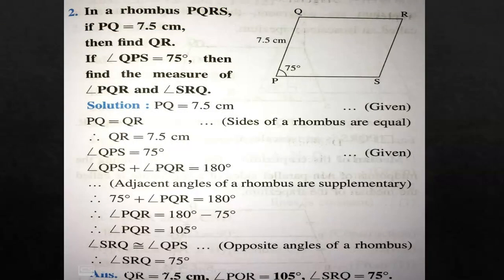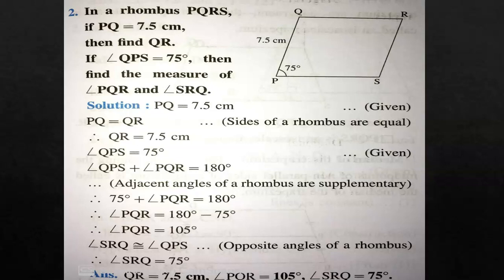Question number 2. In a rhombus PQRS, if PQ is 7.5 centimeters, then find QR, and if QPS is 75 degrees, then find the measures of angle PQR and angle SRQ.